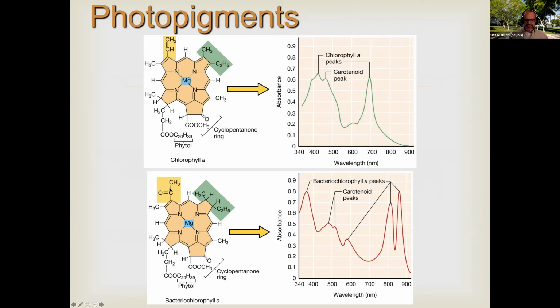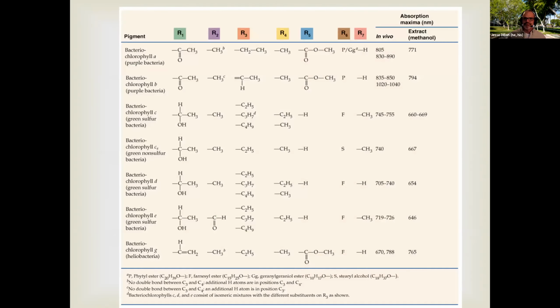You change that, and suddenly it changes the spectrum. And you guys learned this in chemistry, right? You took chemicals and ran them through spectrometers and chromatography, and you saw those differences, right? Essentially, microbes have just evolved the ability to exploit those chemical differences and how they are reflected in absorbing photons of light. And so it gets really complicated and interesting with all of these different R side groups.